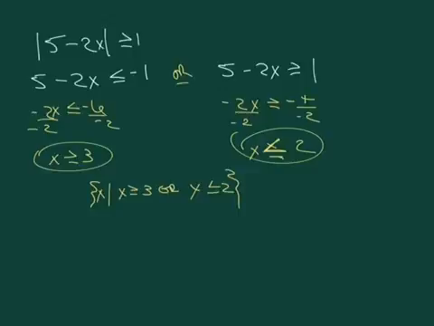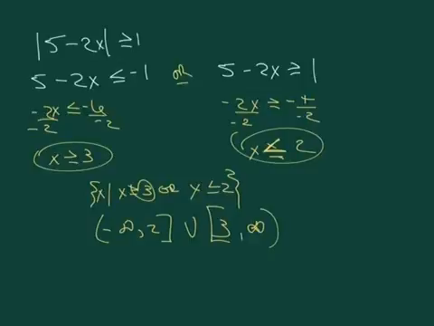Make sure I got everything written there correctly. Okay, or you can write it like this if you want it in interval notation. Square 3, because it's bigger than 3, to positive infinity. I'm not very good at making infinity symbols.